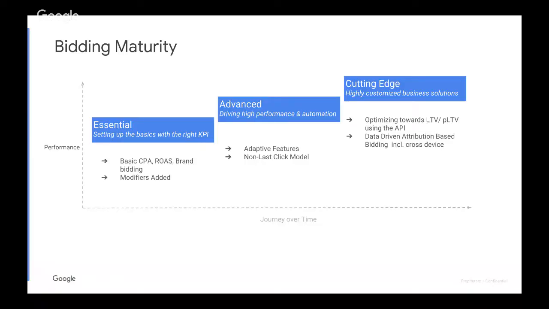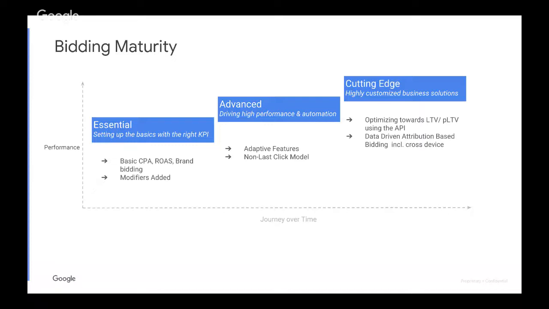So give you some really nice examples of what advanced bidding solutions look like in DS. Now, we have examples for specific verticals, but also some nice examples that can work across the board for whatever kind of solution you're looking for. Now, a couple of weeks ago, the guys talked about the essential bid strategies. So these are the bid strategies that are out of the box.